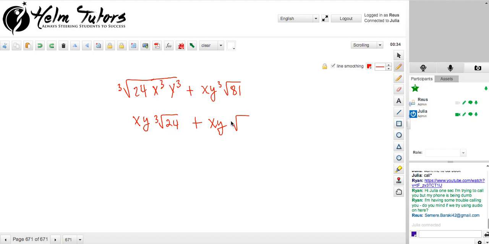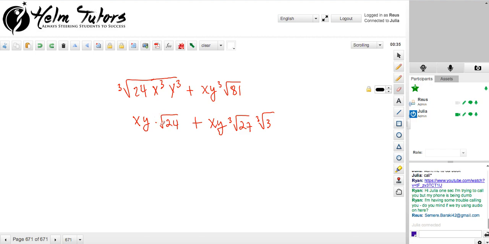Yeah, so that's 27 times 3. Exactly. Cube root of 27, and then times cube root of 3. Now, the 24 also, we can break up so that it involves a perfect cube.